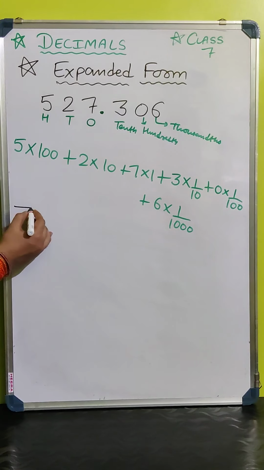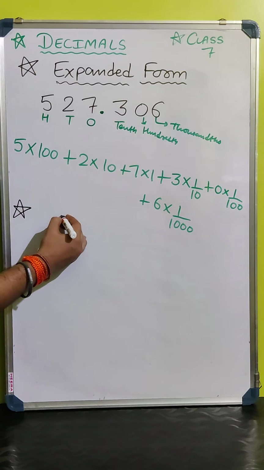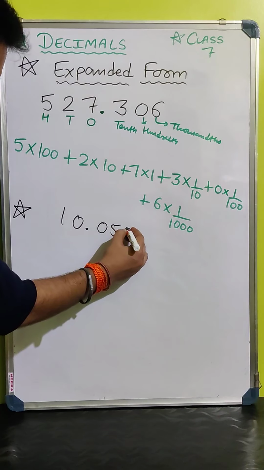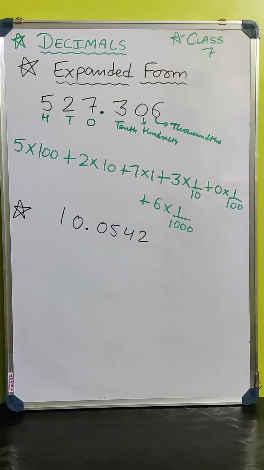Now if you write like this, what will be the answer of this? 10.0542 is the number. So what will you write here?